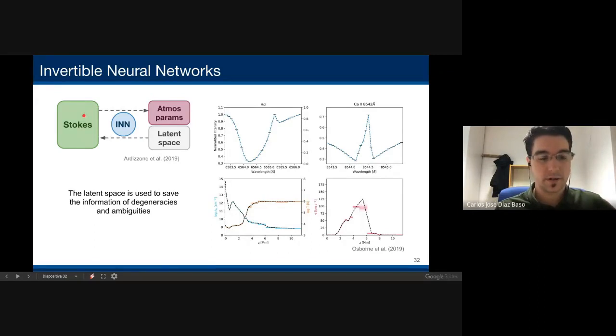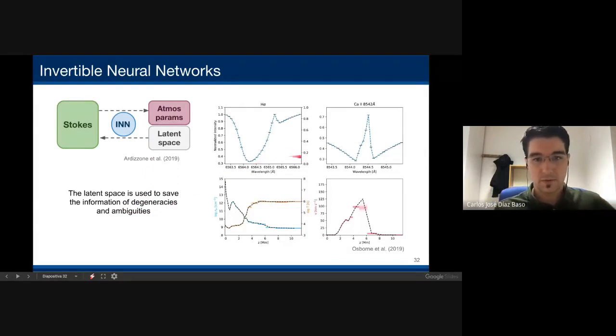They were trying to go from Stokes to atmospheric parameters and then again to Stokes, closing the cycle. But they were also using what is called latent space, where they were saving information about degeneracies and ambiguities.